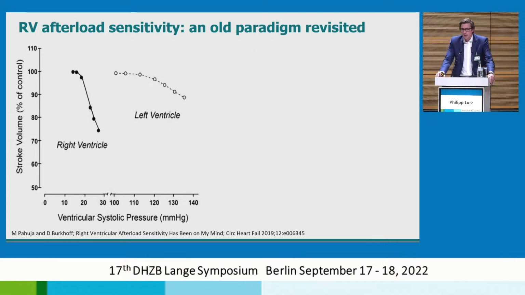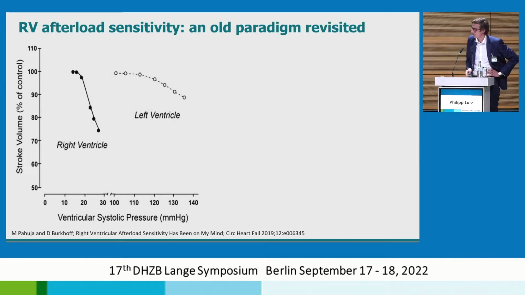But let's say that RV pressures might go up in these patients with high RV afterload. Is it a terrible thing? I guess many of you have seen that picture from Braunwald suggesting that the RV is extremely susceptible to any increases in pressure. Unlike the left ventricle, as soon as RV pressures go up, the stroke volume goes down immediately.